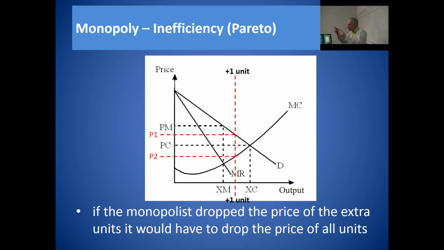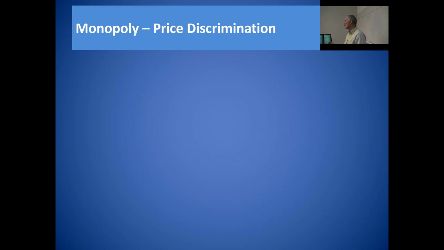And a monopolist is able to do this, because firms with market power are in a unique position. Because they're price makers, they can set the prices they want to charge. And they can charge customers different prices. That is, they're able to price discriminate. And if they're able to price discriminate, those arguments that we just rehearsed with Pareto inefficiency, maybe, just maybe, they're going to change. And that's what I want to lead on to now.